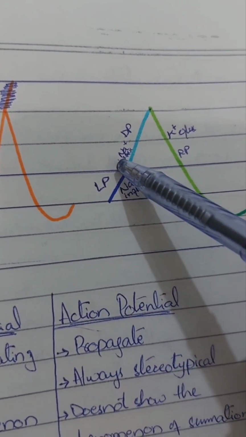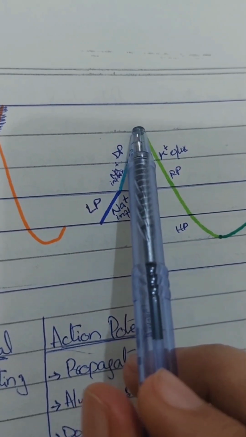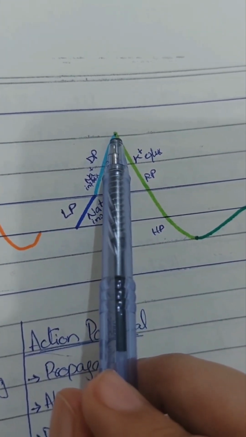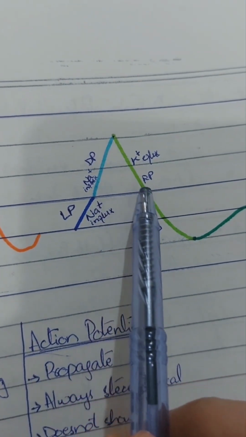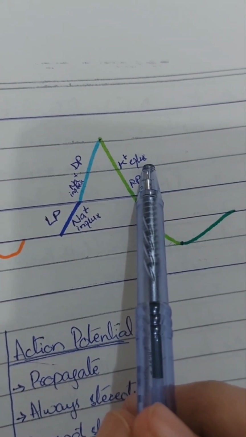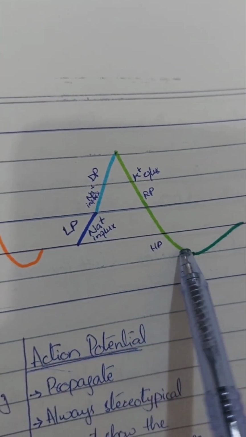Then the depolarization starts through the sodium influx through the voltage gated sodium channels. When the peak is achieved, the repolarization occurs through potassium efflux through voltage gated potassium channels.